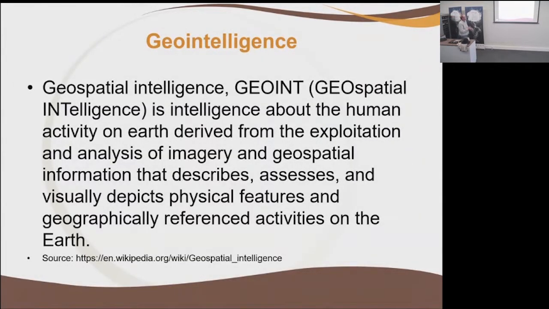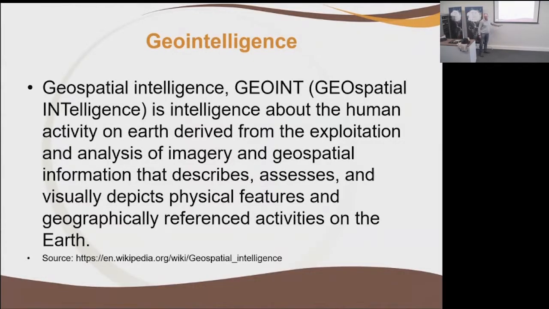Alright, geointelligence. From Wikipedia, just to make it an easy explanation, it is about human activity on Earth, as we saw in the examples that I gave before, and also imagery and geospatial information. So in this instance, it's not forensic. This is where you do investigations, or you try to understand what's going on.